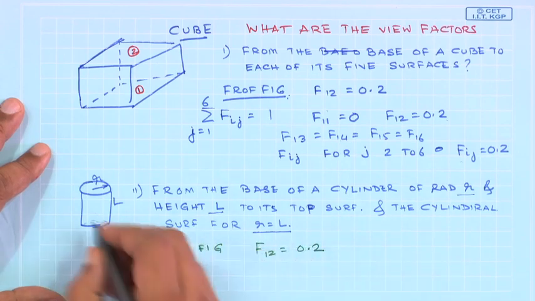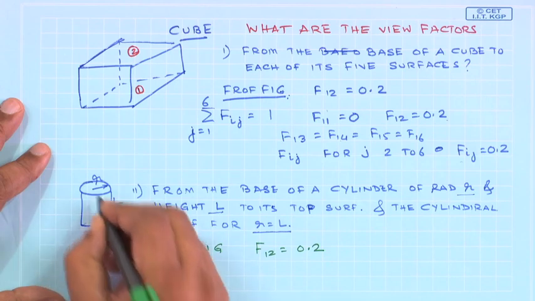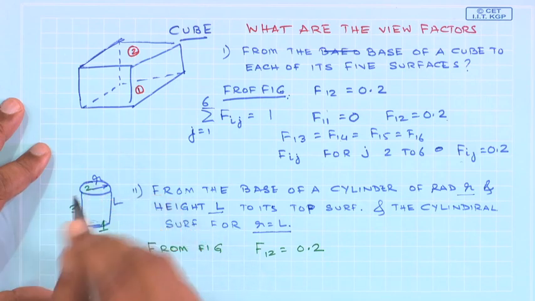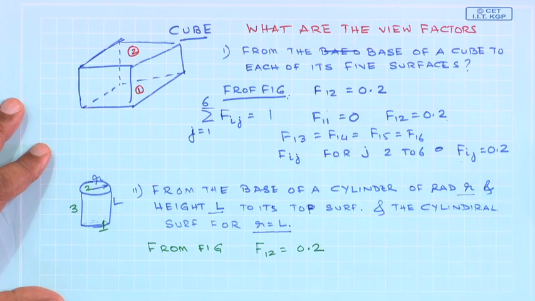F12. So, this is my surface 1, this is my surface 2, and the curved surface is 3.